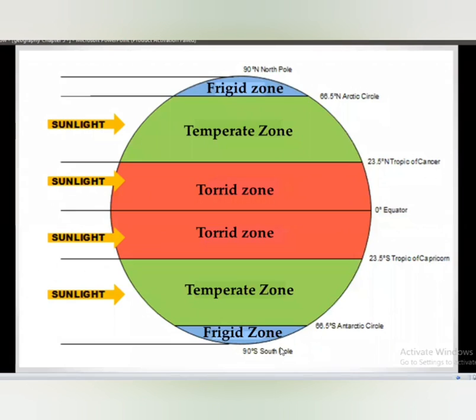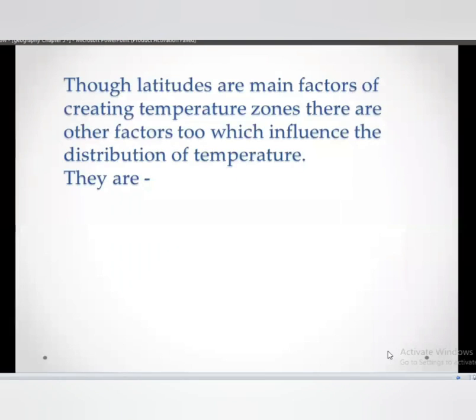Though latitudes are the main factors of creating temperature zones, there are other factors too which influence the distribution of temperature. They are nearness to the sea.